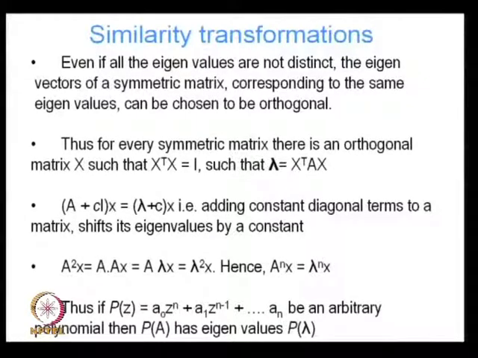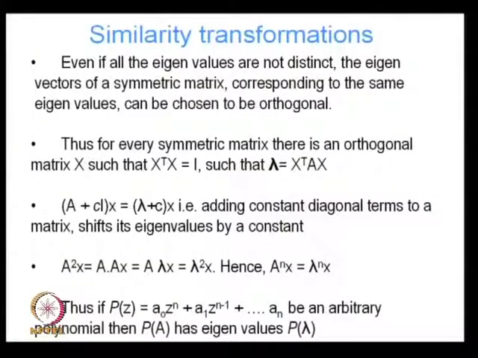So, we are going to get lambda squared x. Thus, if we take the nth power of A, the eigenvalue of the nth power of A is basically the eigenvalue of A raised to the nth power. So, the eigenvalue of A to the power n is equal to lambda to the power n.